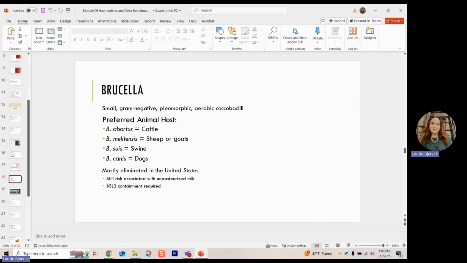So anytime we suspect Brucella, we want an escalated level of safety cabinet. Mainly in microbiology labs in hospitals, you are working with a BSL level 2. That's a hood. The biosafety level 2 hood is what we typically work with in a hospital setting.